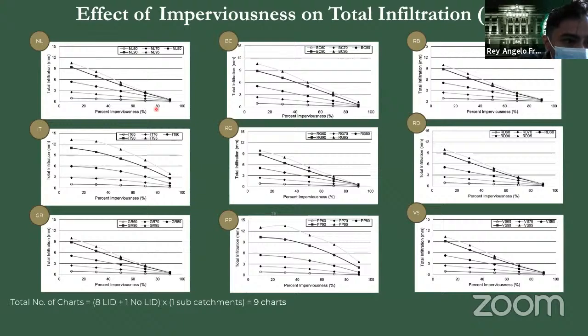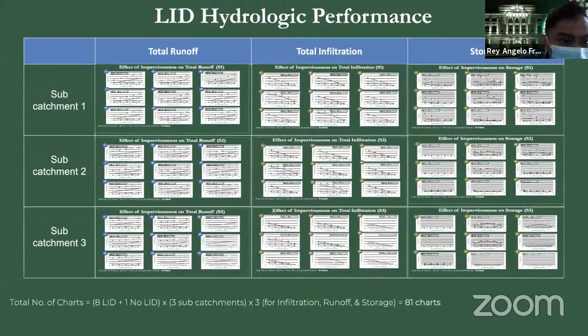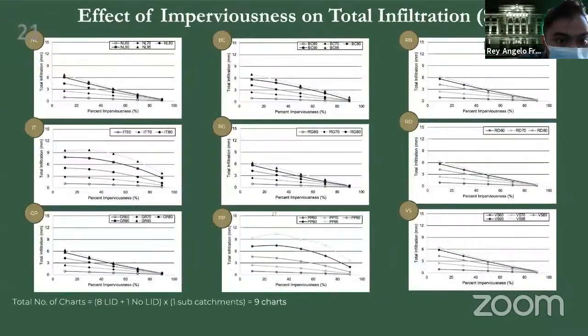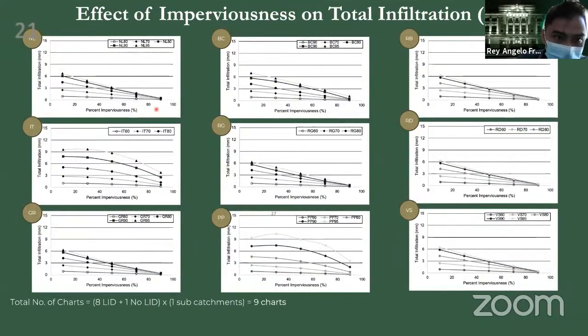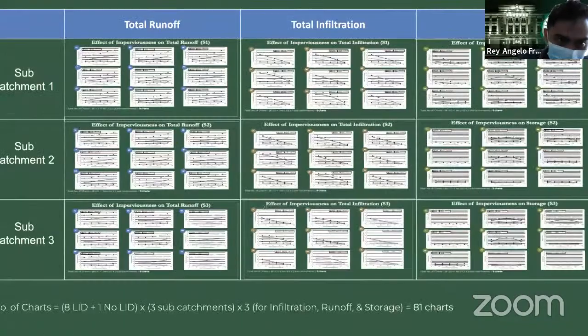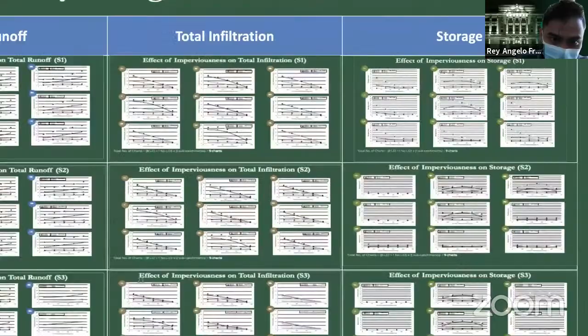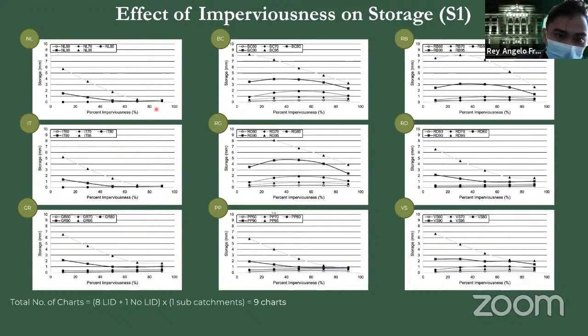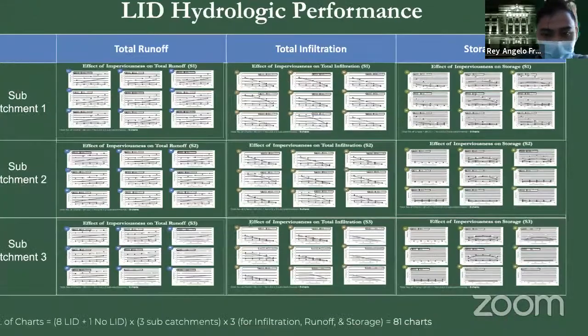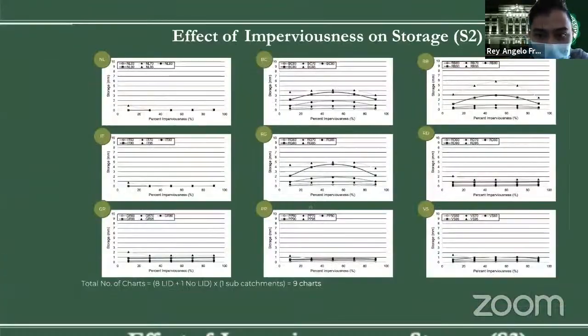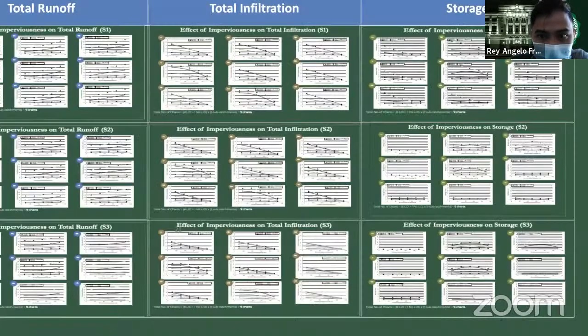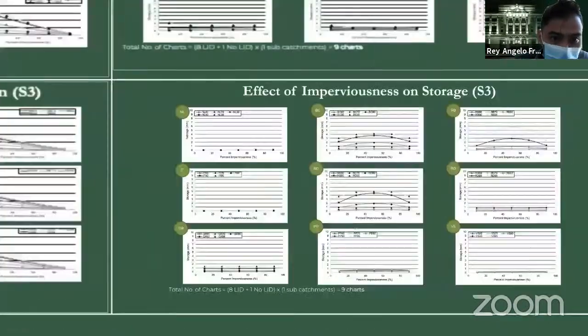There is an increase from the no-LID to the infiltration trench. So the main idea here: LID decreases the total runoff and increases the total infiltration. Also, for the storage, the rain garden increases the total storage of the area.